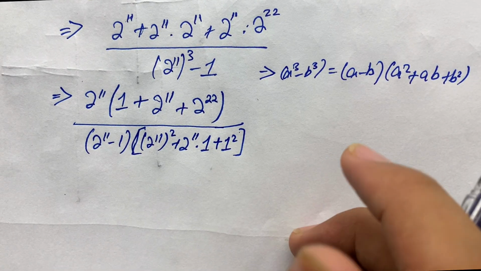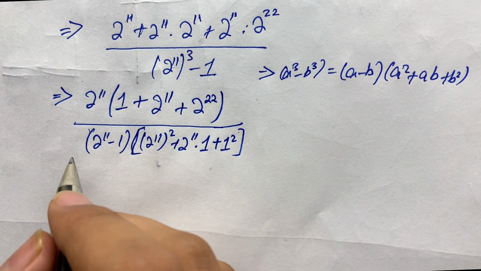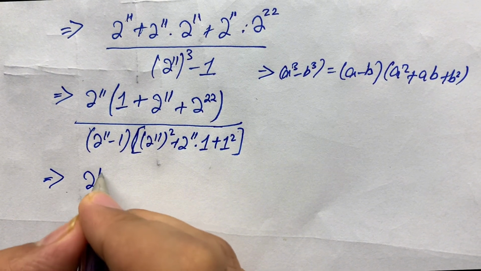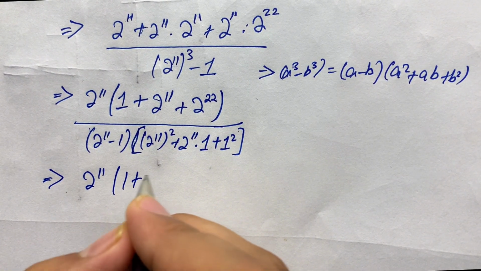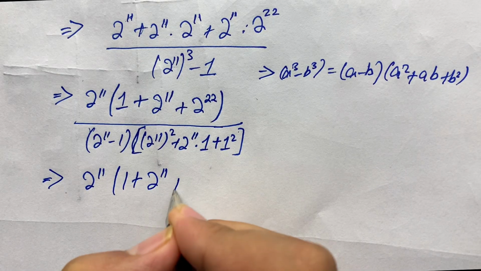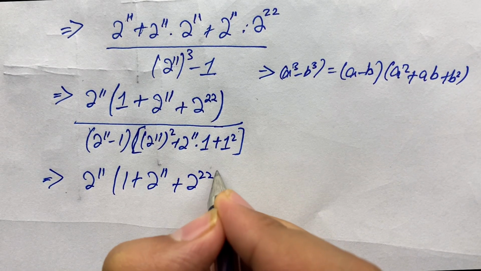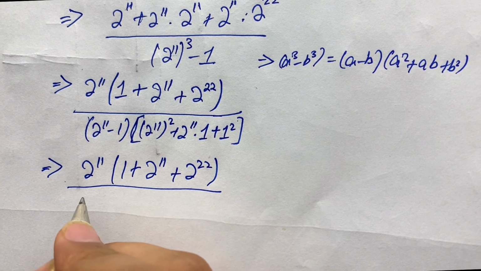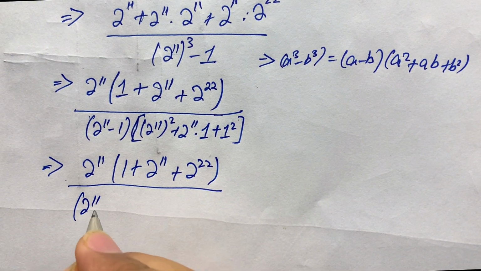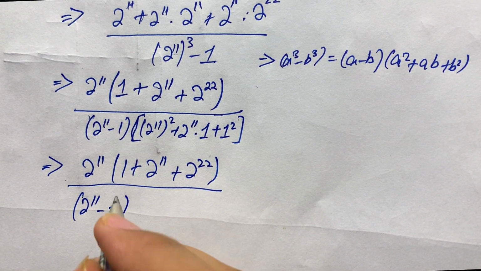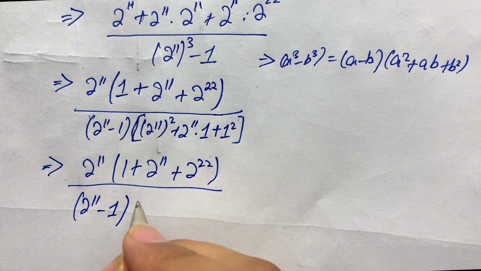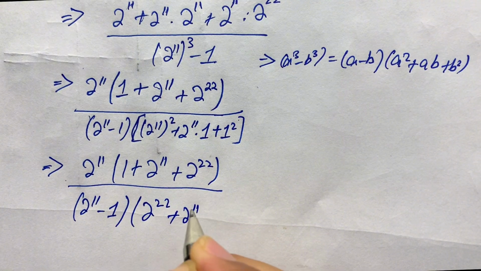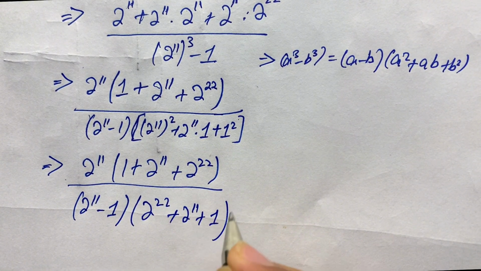Now this 2^11 times (1 plus 2^11 plus 2^22) divided by (2^11 minus 1) times (2^22 plus 2^11 plus 1).